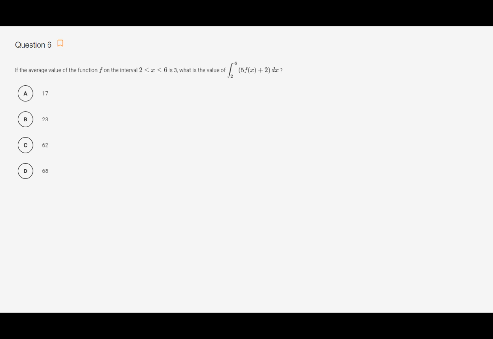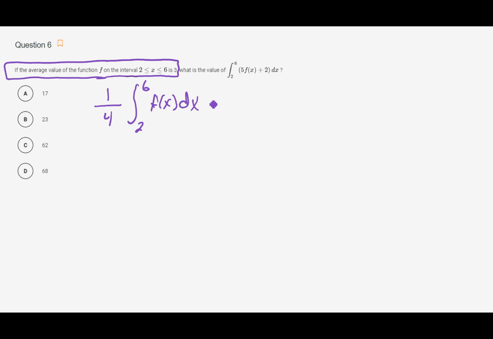All right, number 6. The average value of the function f on the interval from 2 to 6 is 3. So I need to interpret that very first statement. What this is saying is the average value, 1 over 6 minus 2, which is 4, of my integral from 2 to 6 of some function f of x dx is 3.